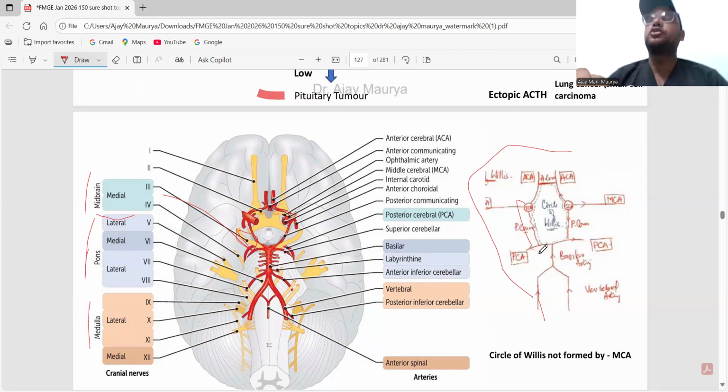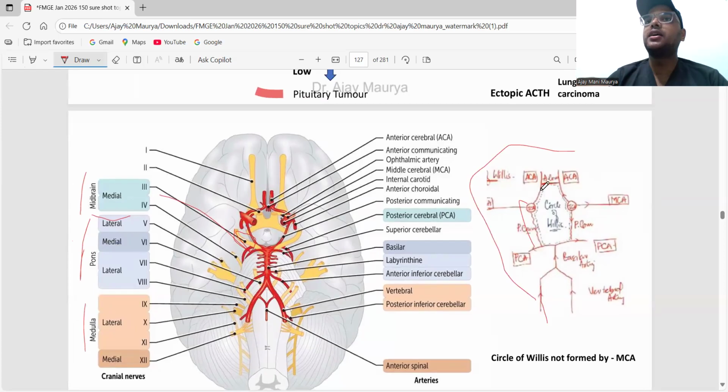The posterior cerebral artery is connected by a posterior communicating artery, and the middle cerebral artery is connected with the anterior communicating artery. These linings are called the circle of Willis.